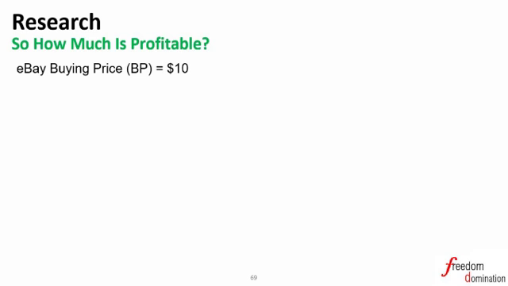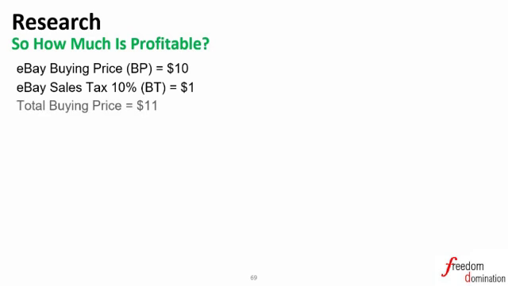We buy a product of buying price of $10 in eBay. Now eBay charges a sales tax of 10% of $10, which works out to be $1. Now the total buying price of the product with tax is $11.